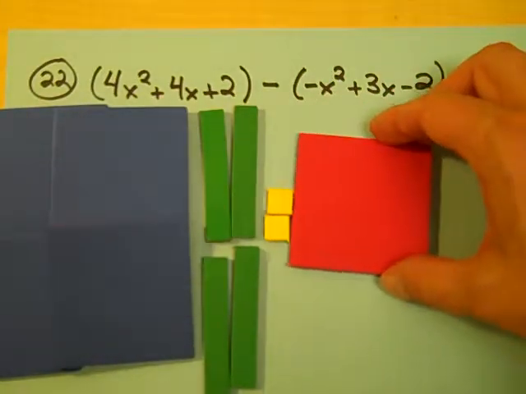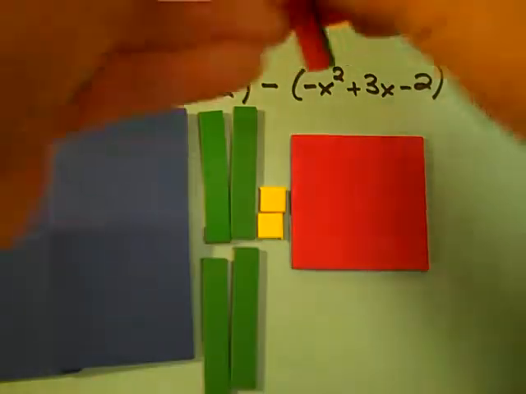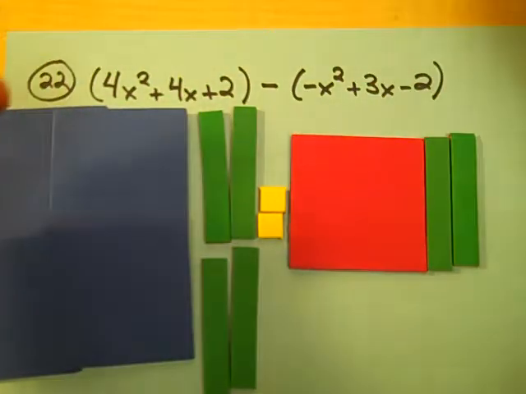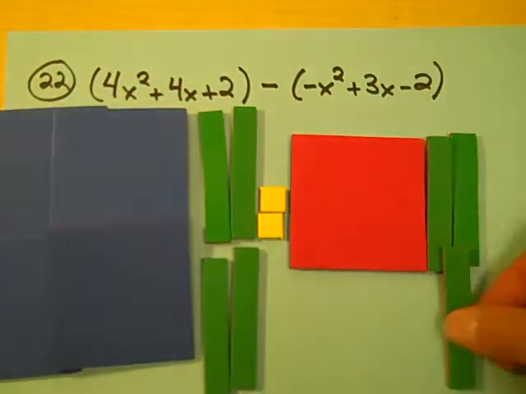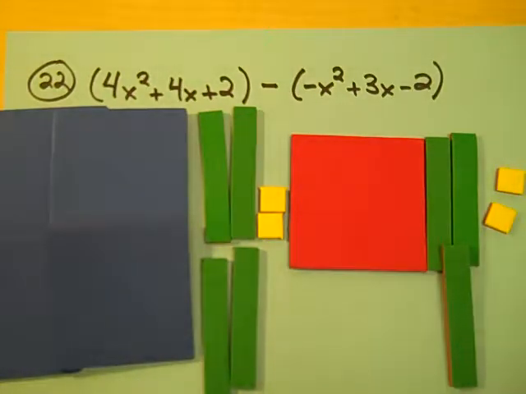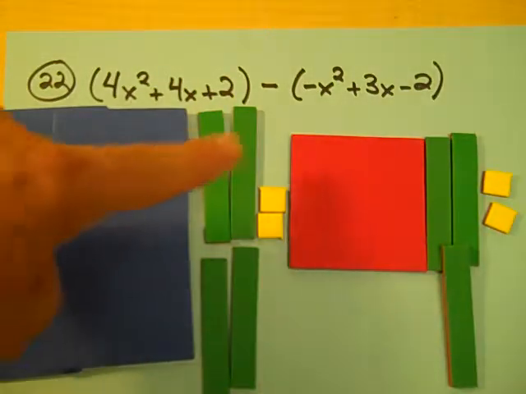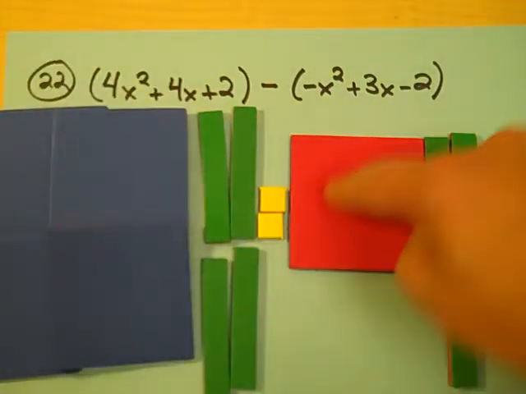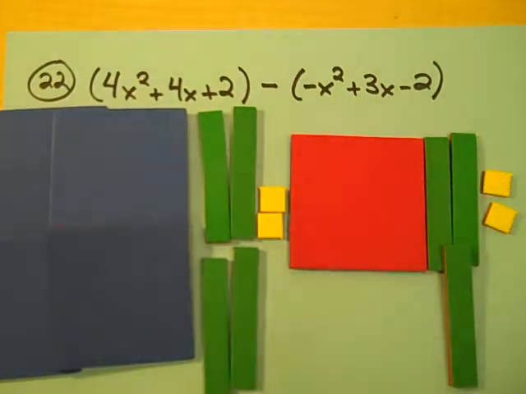Negative x squared plus 3x is this, and minus 2, minus 2, minus 2. So 4x squared plus 4x plus 2, negative x squared plus 3x minus 2.